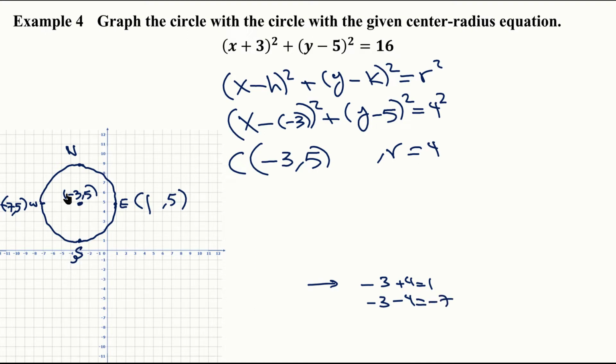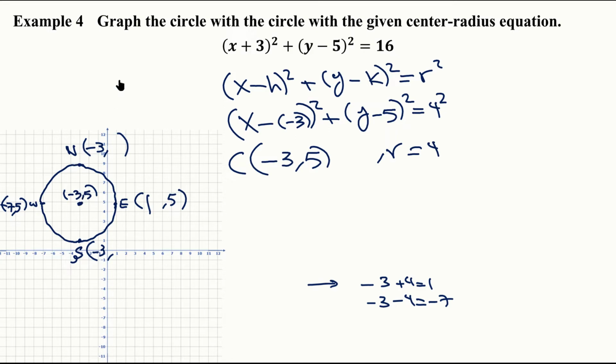All right, to get the north point. Now, we know that the north and south point will be at the same x value, right? So we'll start with the easy one. Now, to get the y coordinate of the north point, remember we start at the y value 5 and we went up 4, right?